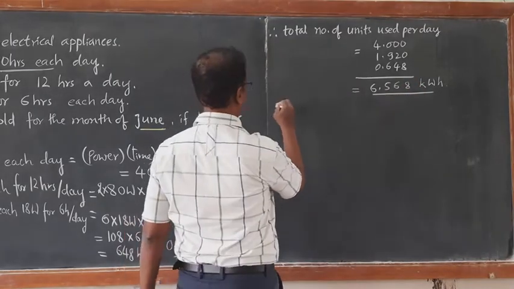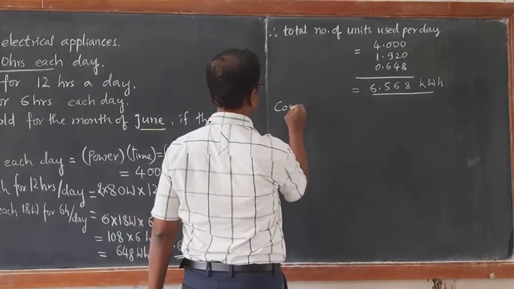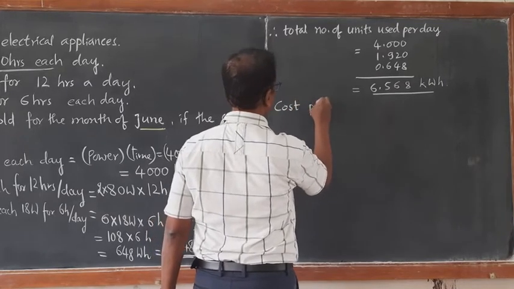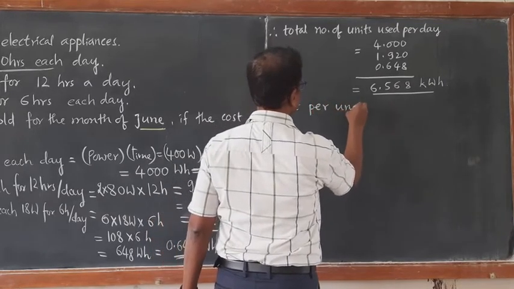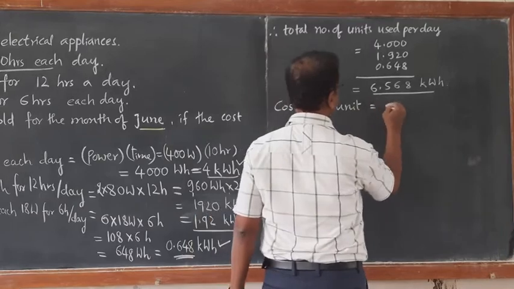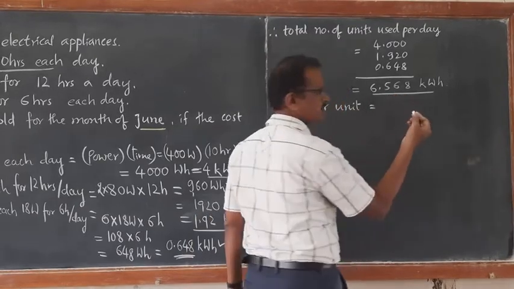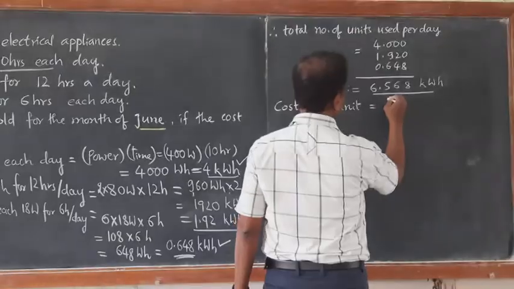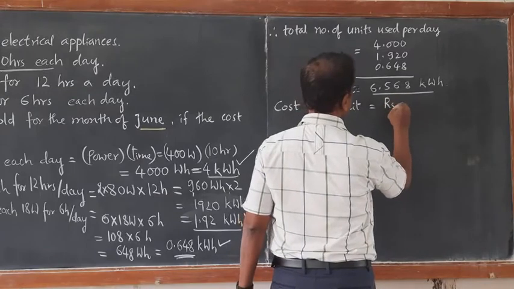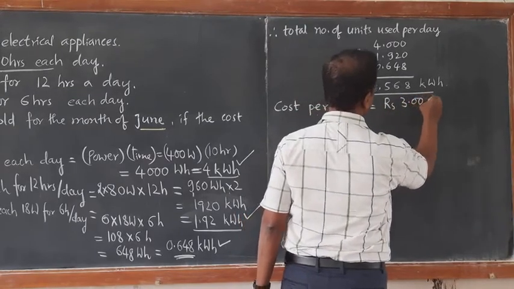Now cost per unit. It is fixed by the electricity board. Rupees 3.